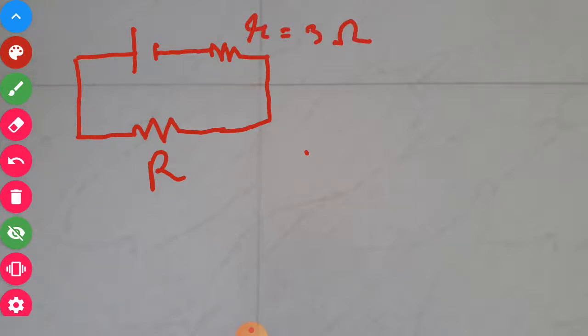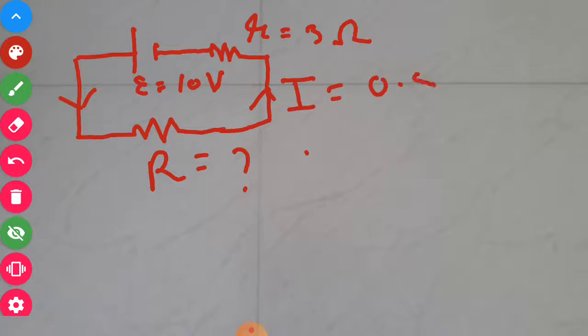The electromotive force is 10 volt, and the external resistance we want to calculate. The current flowing is also given. This current which is flowing here, I, is 0.5 ampere. Now it is very easy for you.